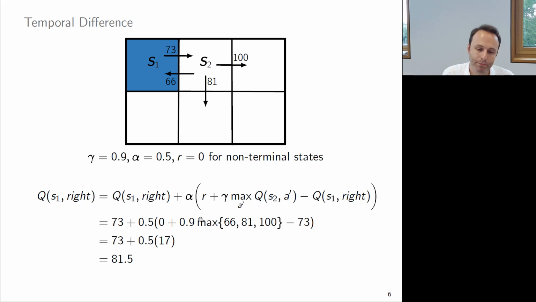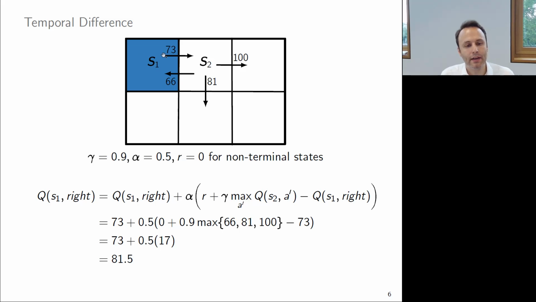And then we compare this discounted expected reward here to our previous estimate, and that's 73. So if we take the 100 times 0.9, that's 90. 90 minus 73 is 17. Then we take 73 plus half of 17, and that's 81.5.